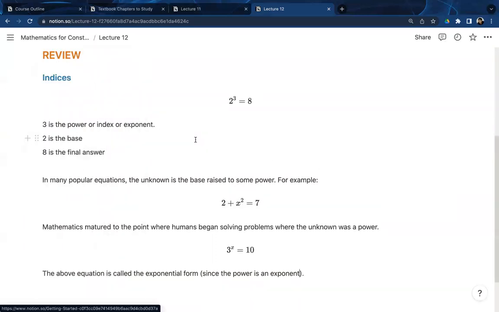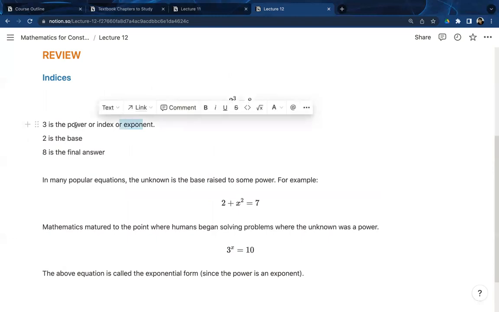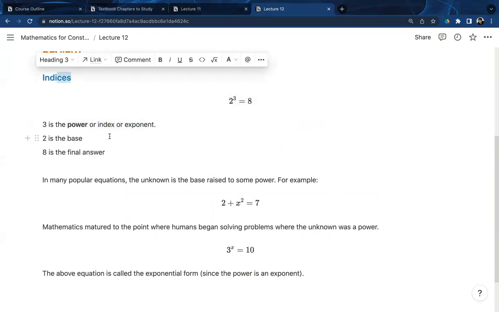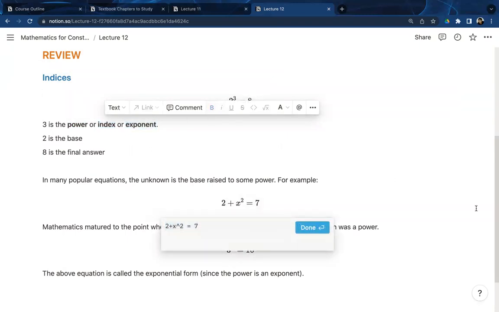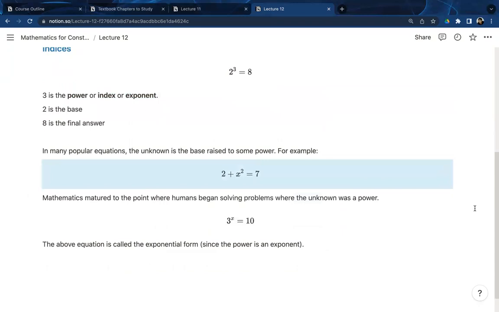Remember, exponent is a synonym for power or index, right? Indices is plural. It means more than one. Index means one. Exponent is a very famous term for that. So this is the exponent form of the equation.